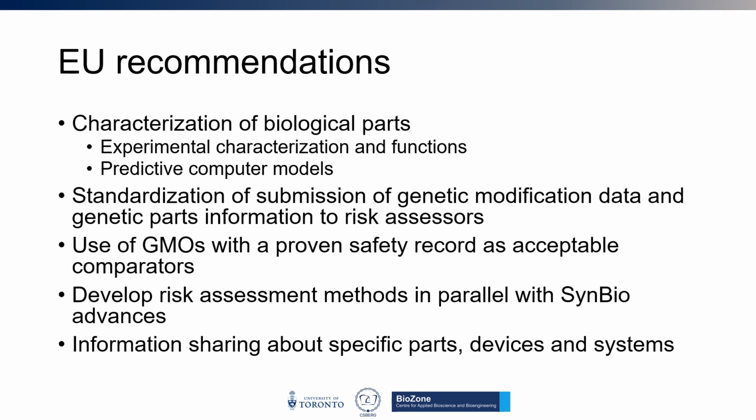And then they recommended standardization of the submissions of genetic modification data and genetic parts information to risk assessors. At the moment there is not a standard way in which all this information is provided. Streamlining that process would make it easier for regulators and risk assessors to make decisions on different technologies.